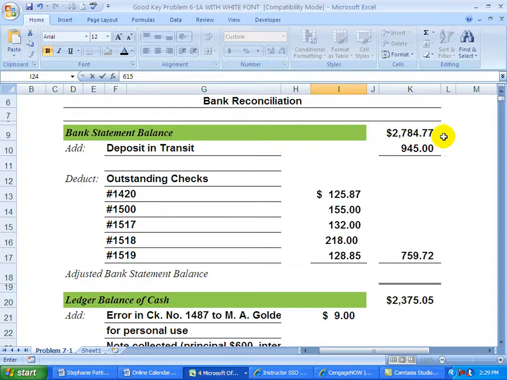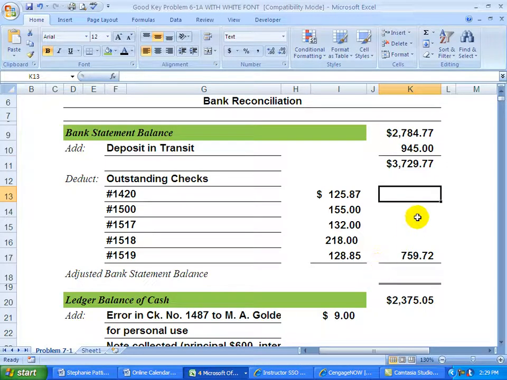So if the bank says we have this, we know we made a deposit of $945, we can do a subtotal there, and that subtotal would be 3729.77. Okay? Because the deposit increases what the bank says we have.